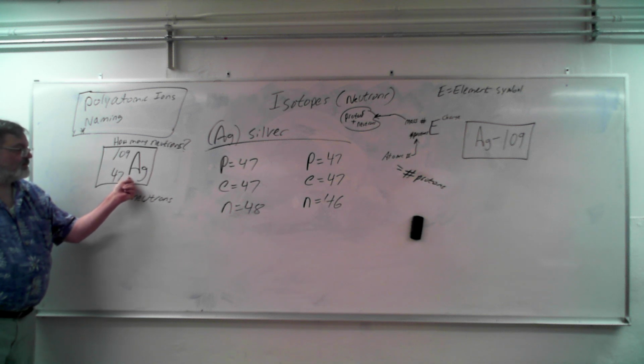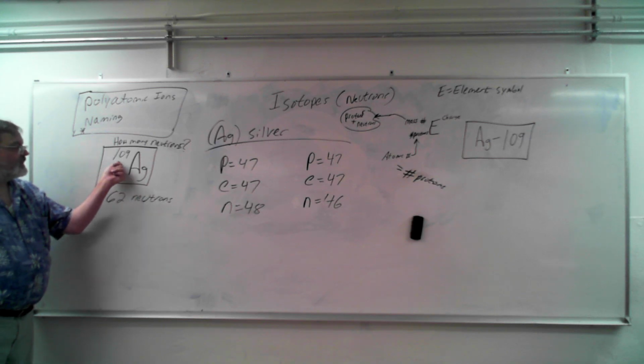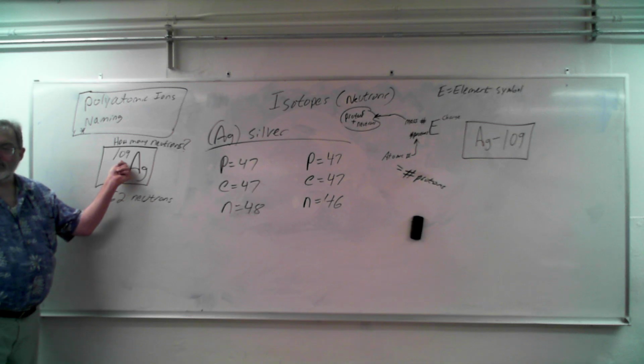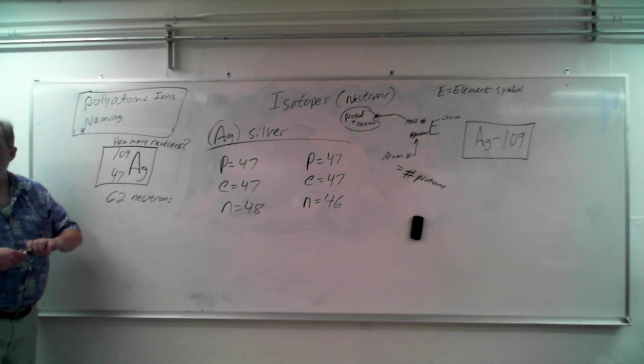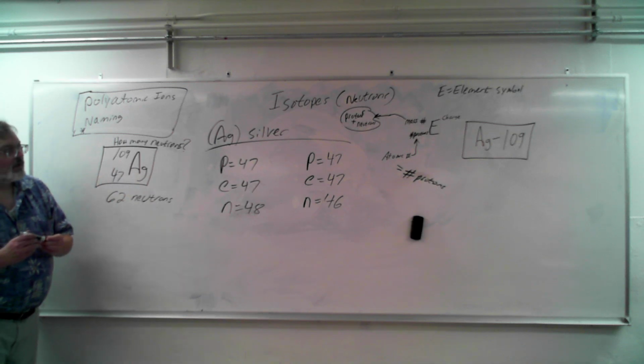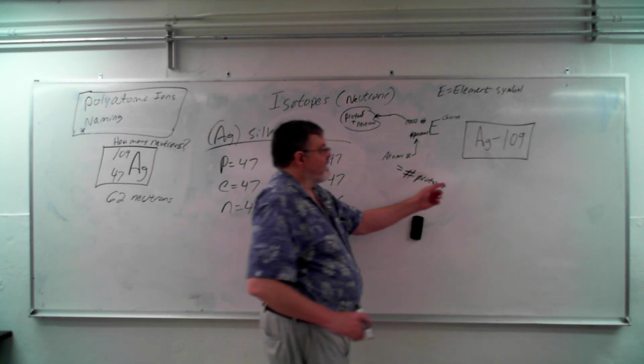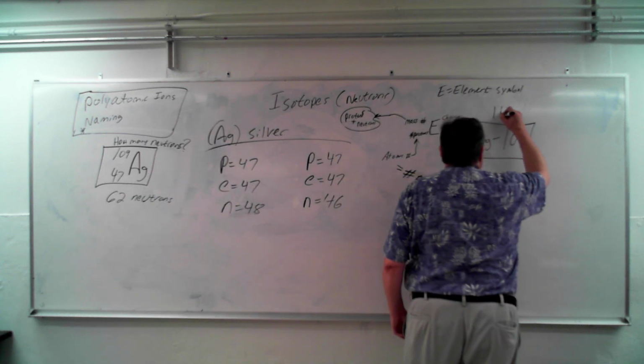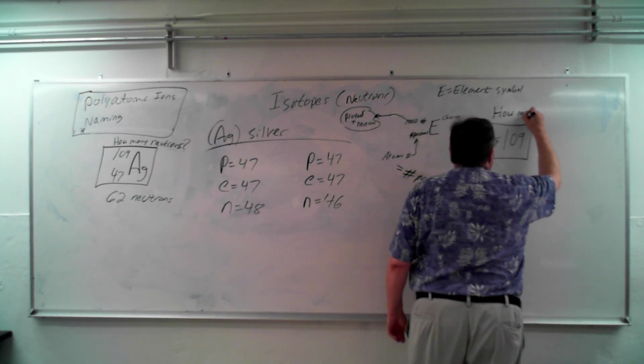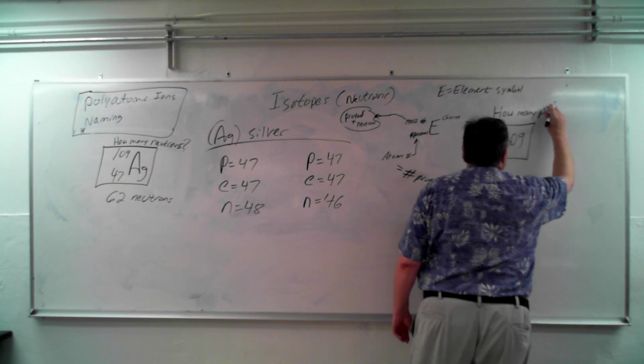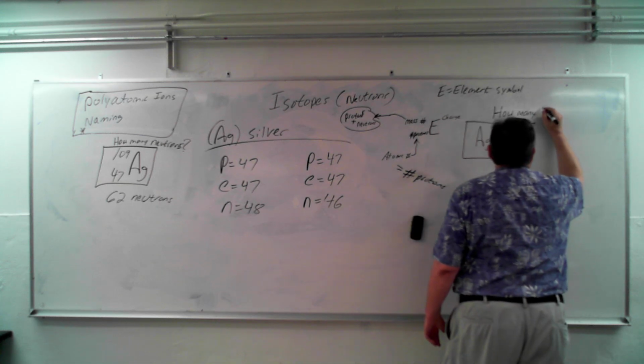These are just obviously connected. This is what tells you how many protons there are. This is protons plus neutrons. You guys are with me? So if you got a question like this, Ag 109, how many neutrons?